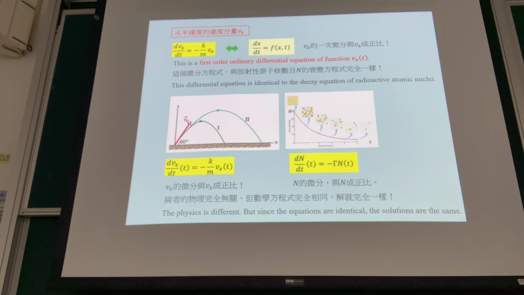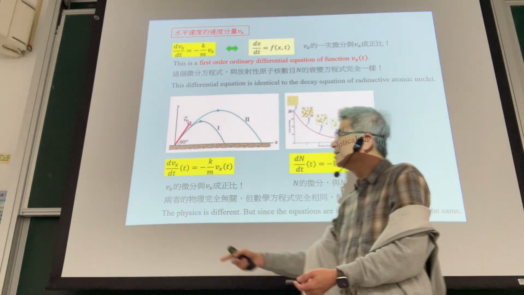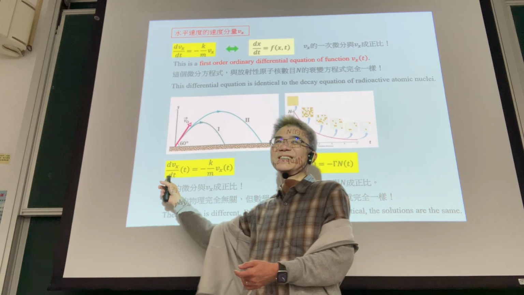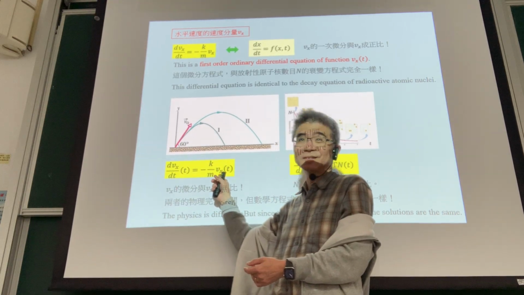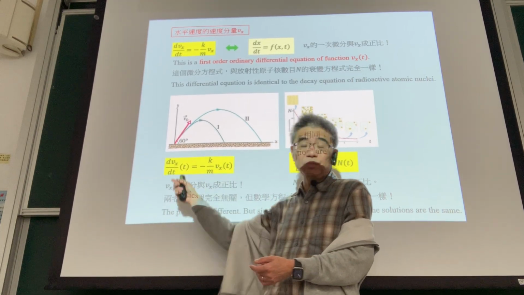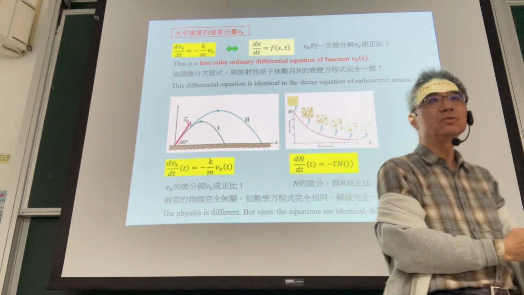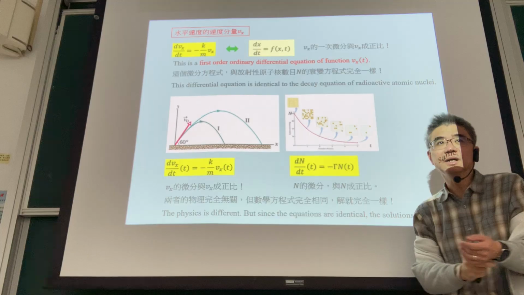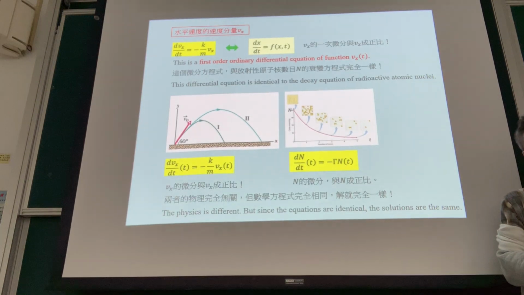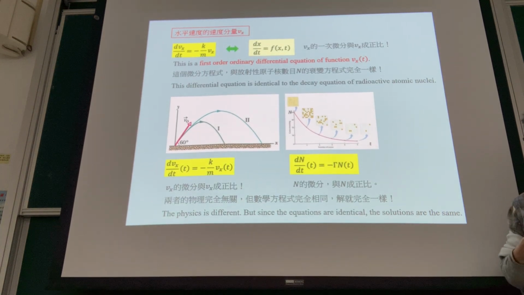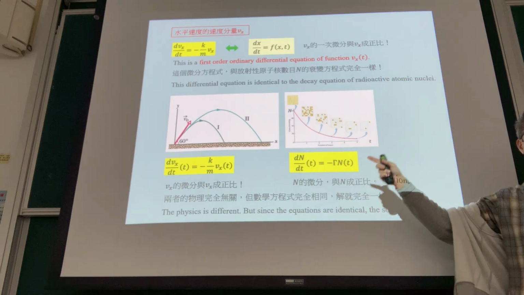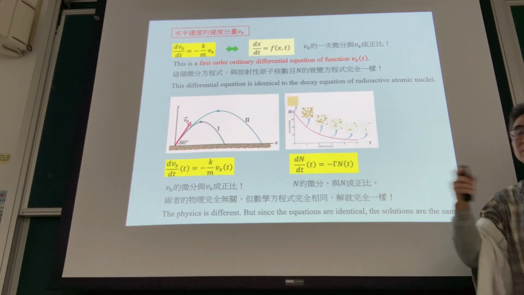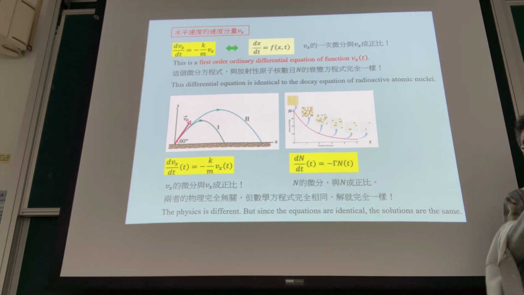Although it is much harder to argue why the rate of change dv/dt is proportional to itself. So that's why you need to write down the whole equation of motion to arrive at this conclusion. But for the decay equation of radioactive nuclei, it's much easier to argue. But anyway, easy or not, the two equations are identical.